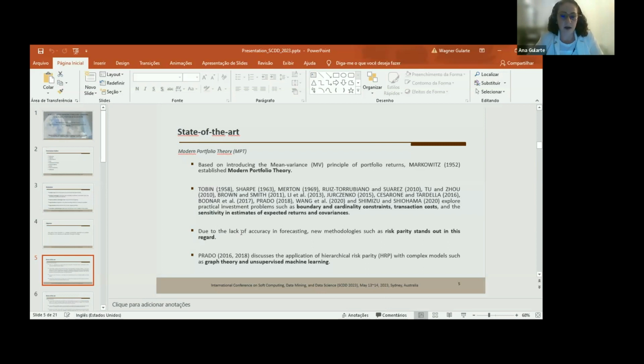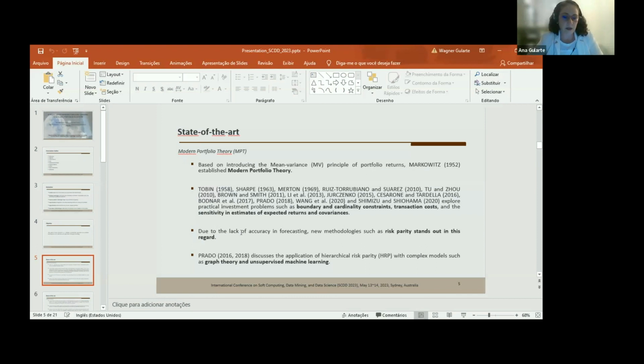Tobin, Sharpe, Merton, Ruiz, Turibiano, and Soares, Tu, Zhu, Brown, and Smith, Lee, Jurtzenko, Cesaroni, and Tardella, Boldnar, Prado, Wang, and Shimizu, and Shohama explore practical investment problems such as boundary and cardinality constraints, transaction costs, and the sensitivity in estimates of expected return and covariances.